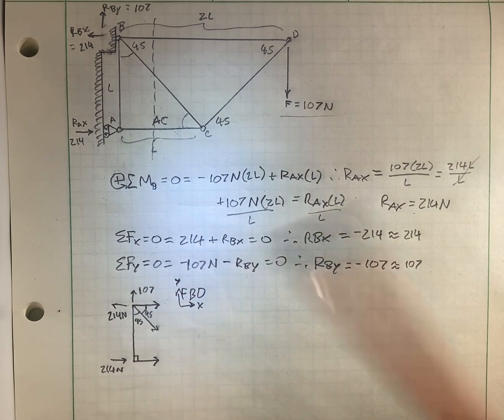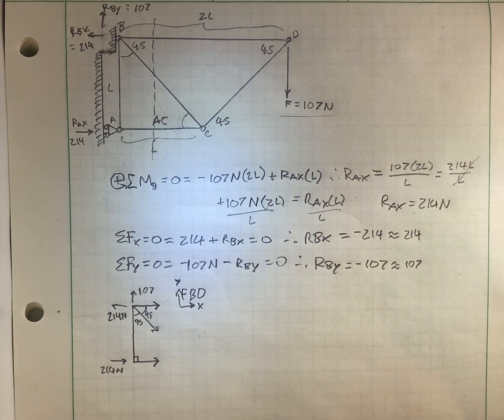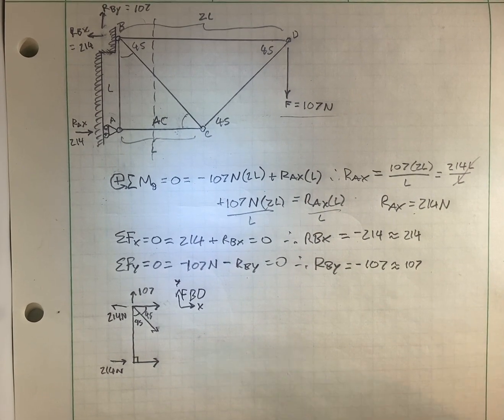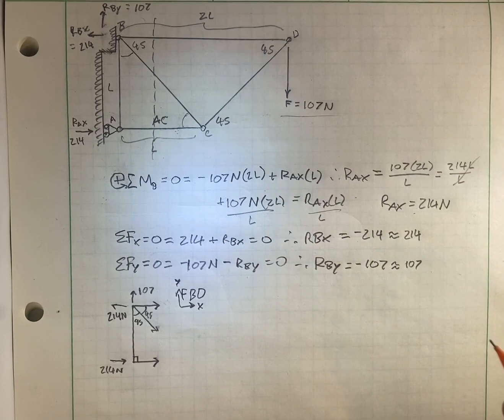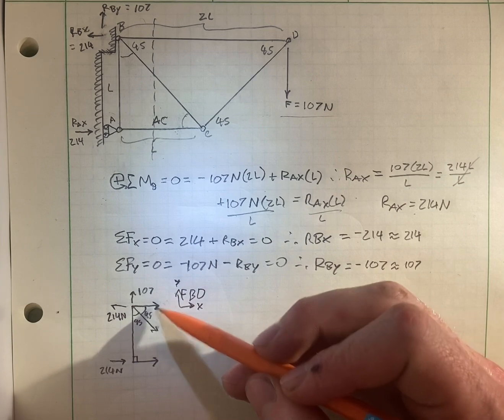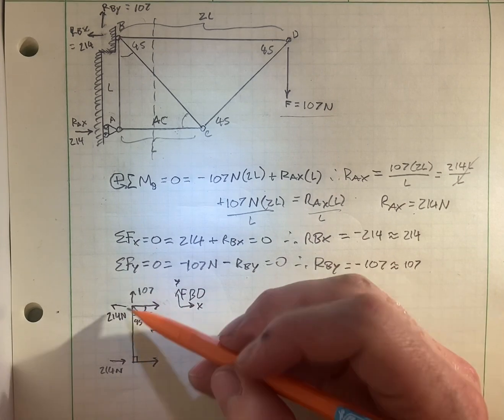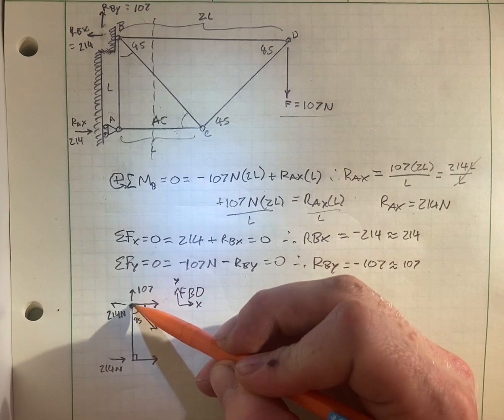But luckily for us, we know that forces that go through the point where you're taking a moment about don't matter, because they're going through the moment. So since these two are unknown, I'm gonna put a point there.